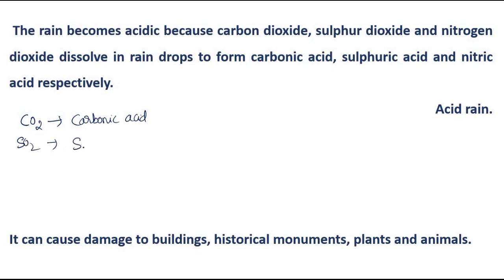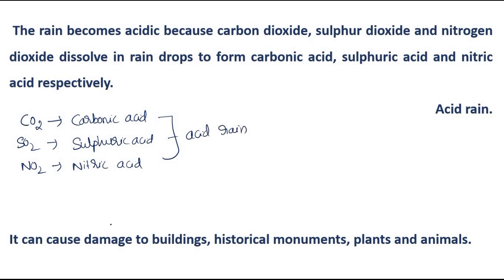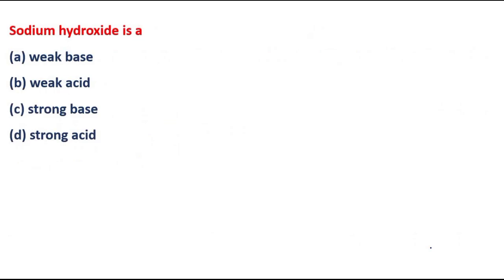Sulfur dioxide mixed with water vapor is converted into sulfuric acid, and similarly nitrogen dioxide reacting with water vapor is converted into nitric acid. See, all these acids form clouds and drop down to the earth as acid rain, and this acid rain damages buildings, historical monuments, plants as well as animals. So it is a major issue the world is facing nowadays.